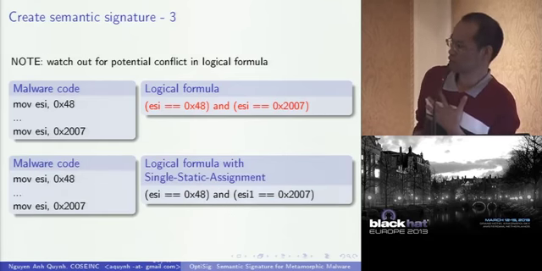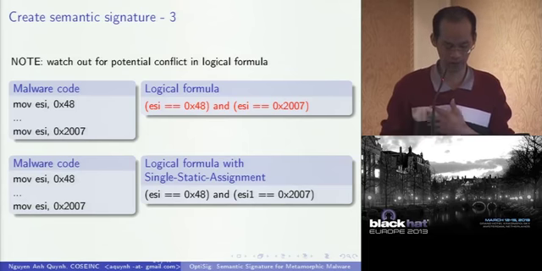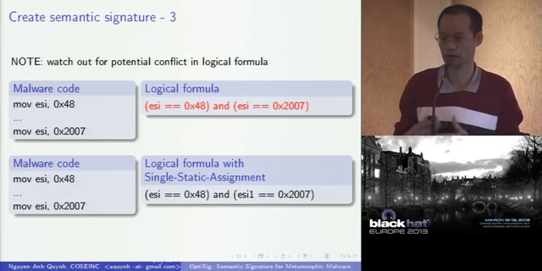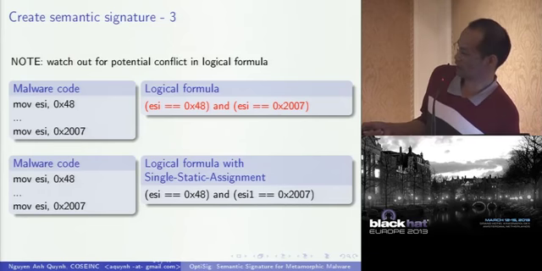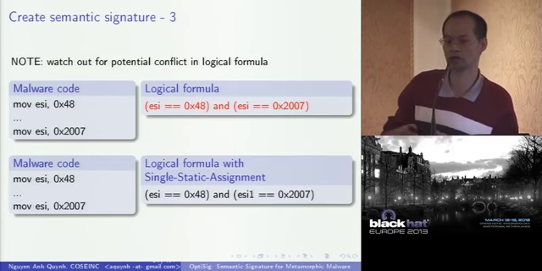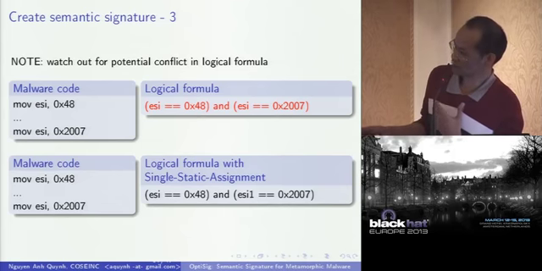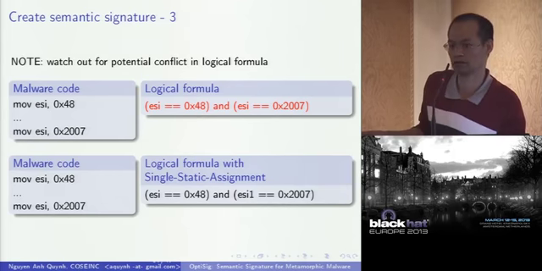Here's how we solve it. We use a method named single static assignment, which is borrowed from compiler techniques. Whenever we have a new value for a variable, we don't override it, but we create a new variable. So in this case, I create the new ESI1.